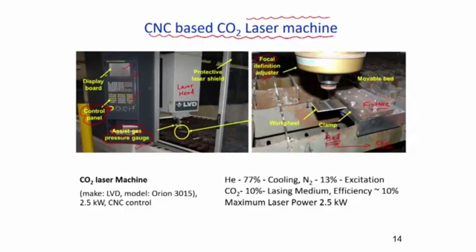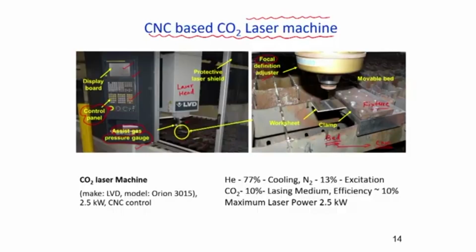Overall, every CNC based machine tool will have a bed which is operated by the X and Y electrical motors controlled by the CNC machine tool, a laser head, and a GUI or the control panel through which we can communicate with the machine tool. The controller is the integral part of the CNC based machine tool. All these parts are common, their arrangements may be different from machine to machine. Moreover, you can see a worksheet which is mounted on the fixture, and the laser will come and process and carry out the intended operation here.